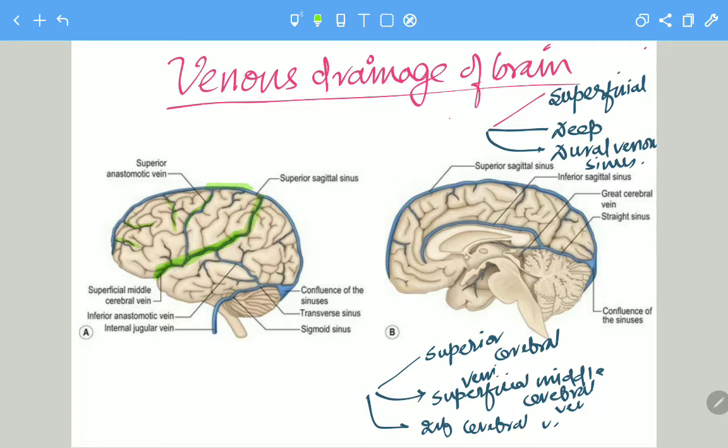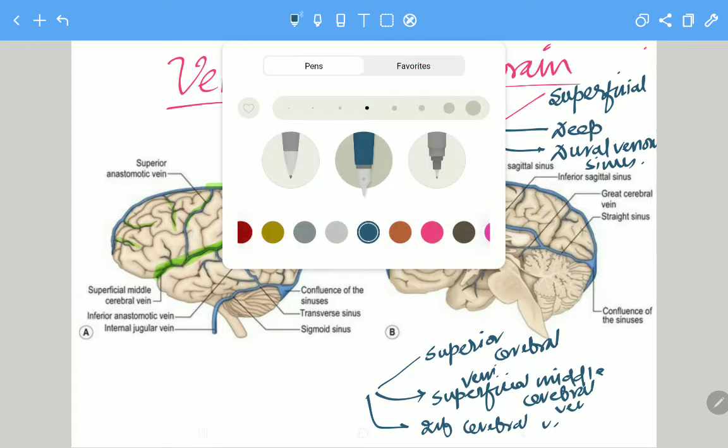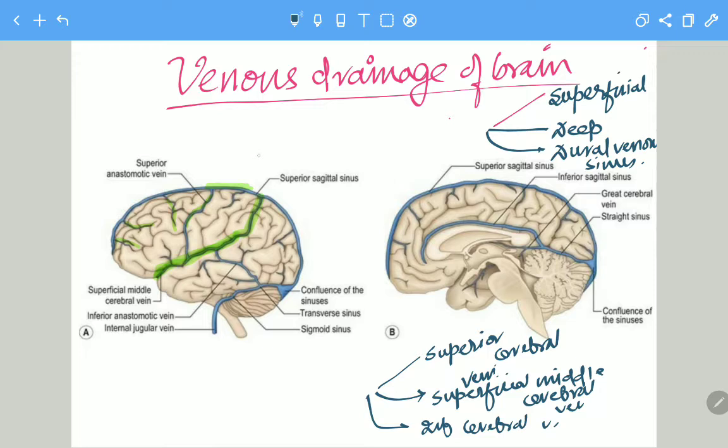The vein which connects the superficial middle cerebral vein to the superior sagittal sinus is called the anastomotic vein of Trolard. So I'll write it down: the anastomotic vein of Trolard.